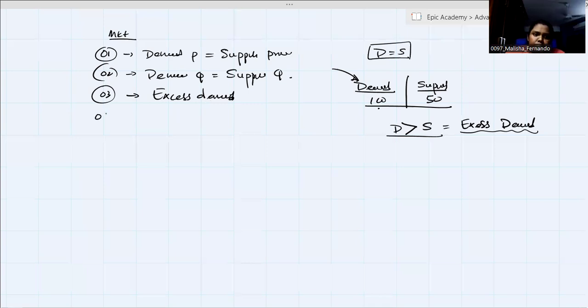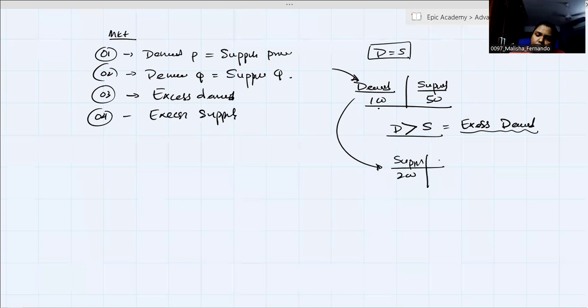Yes. And the fourth one is no excess supply. How does excess supply begin? Just consider the market supplies 200 commodities, but consumers try to consume only 50 commodities. Demand is only 50. So at that time, the value of supply takes a greater value than demand. So now you can identify excess supply.